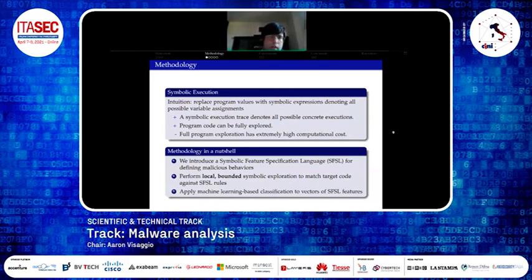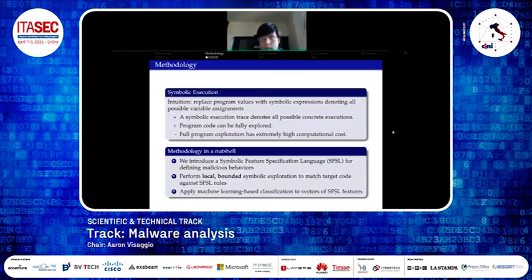But on the other hand, full program exploration still has an extremely high computational cost. So in a nutshell, the first phase of our technique is to encode the malicious behavior that I just introduced. For that, we made a feature specification language called SFSL rules.